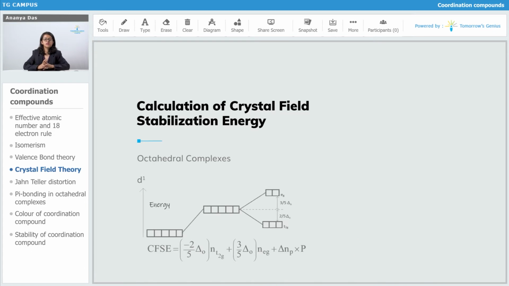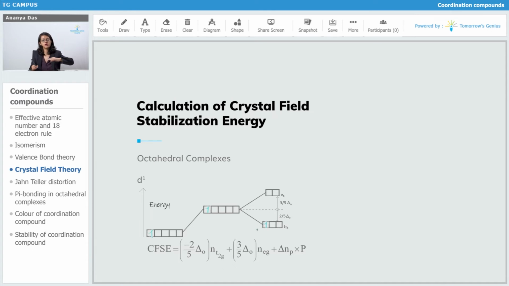So let us calculate the crystal field stabilization energy for the octahedral complex which has d1 configuration. d1 means there is 1 electron in d. That electron gets excited, and after excitation it comes to T2g, because it is obviously not going to prefer going into Eg, since Eg lies at a higher energy.